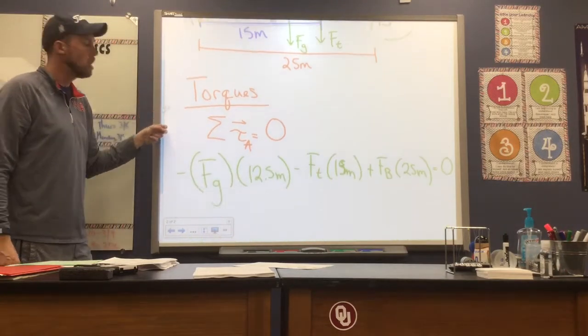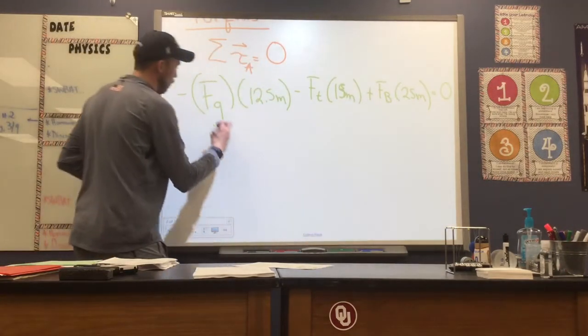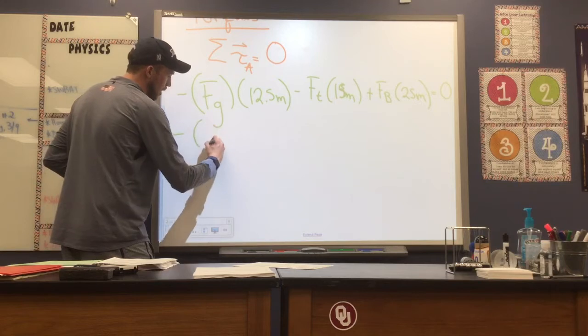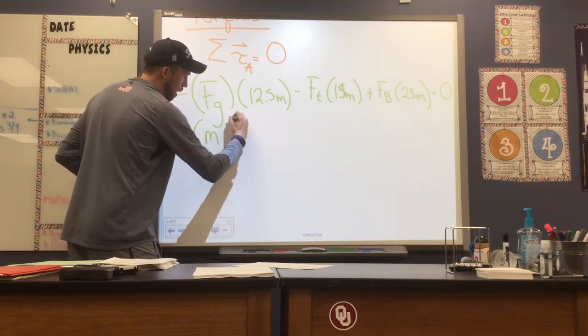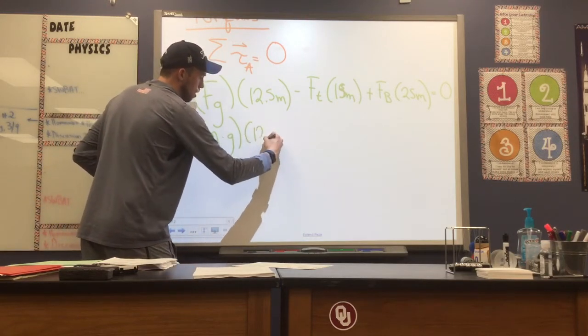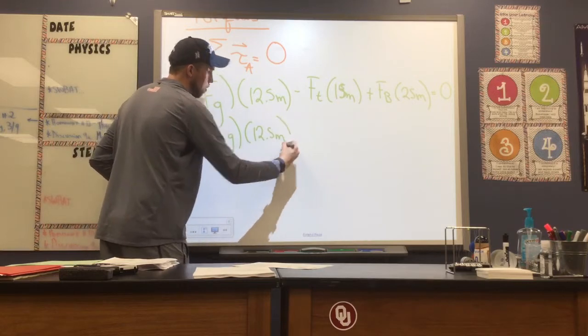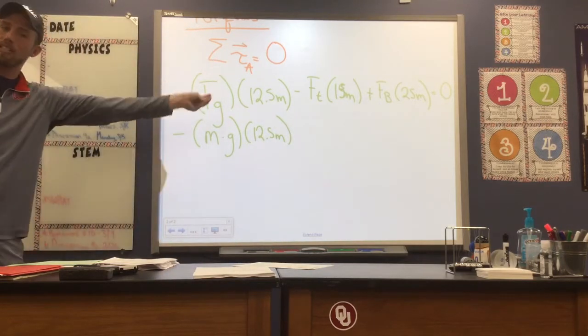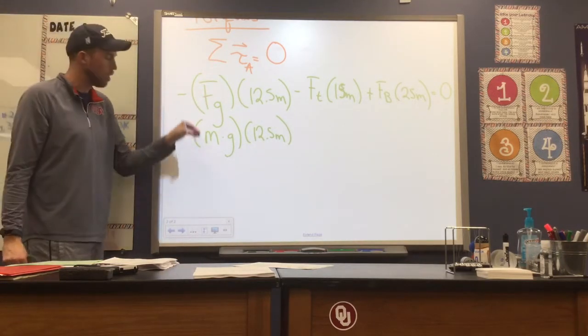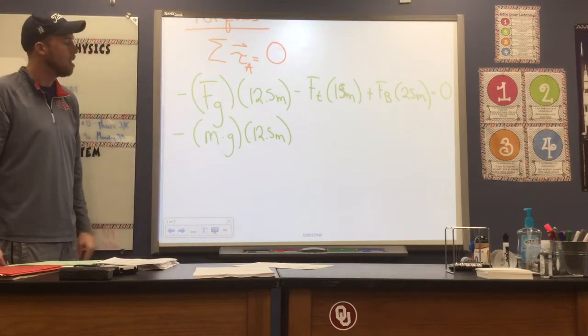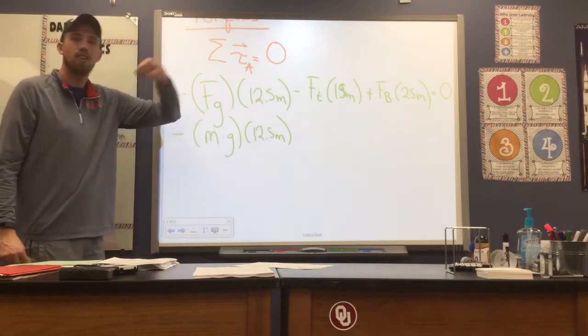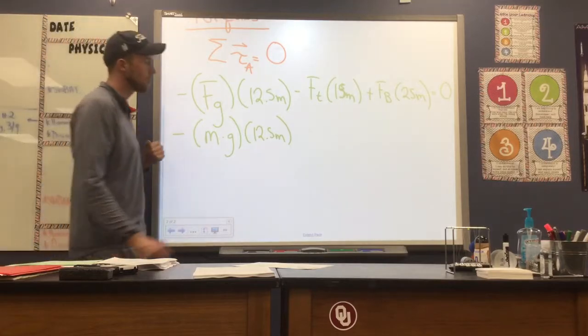So what I'm going to do is we're going to say that our force on the bridge, leave our negative, is mass of the bridge times gravity times 12.5 meters. We're just saying that our force is a gravitational force, so we can solve for that using mass times gravity. And then we'll multiply by our distance to figure out the torque that's going to create.